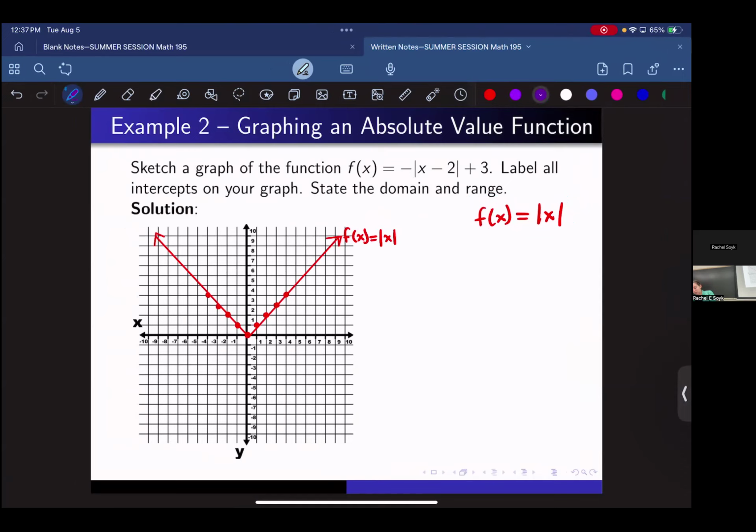Our horizontal shift is going to be what? I should use different variables. We're going to make the toolkit function g of x. We have our horizontal shift is 2 units to the right.